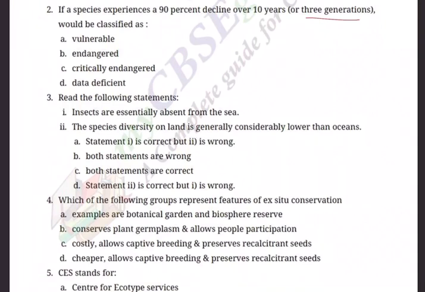The species diversity on land is generally considerably lower than the oceans. A. Statement 1 is correct but 2 is wrong. B. Both statements are wrong. C. Both statements are correct. D. Statement 2 is correct but 1 is wrong. A is the reverse of D.